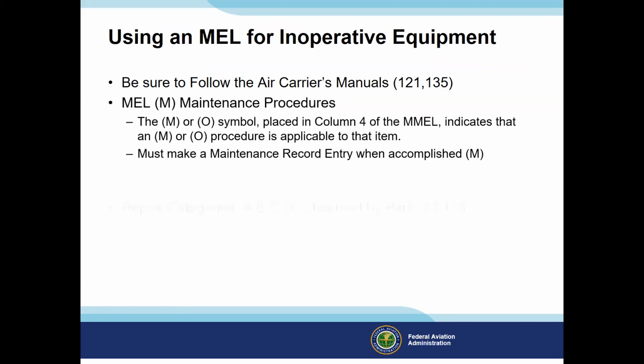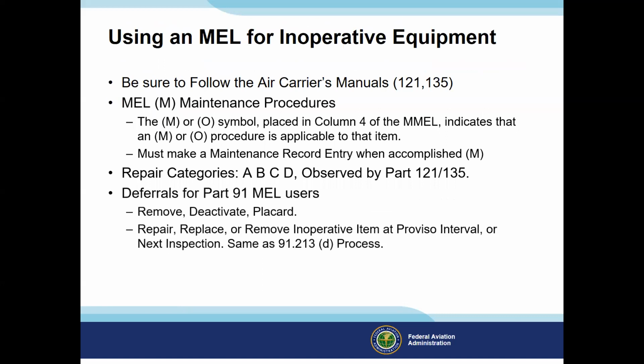So if you're using an MEL for inoperative equipment, if it's not a Part 91 operator, make sure you follow the air carrier's manuals, Part 121, 135. They'll have their MEL procedures. And in the MEL, if there's an M procedure, which is a maintenance procedure, make sure that you make a maintenance record entry when you accomplish the M procedure.